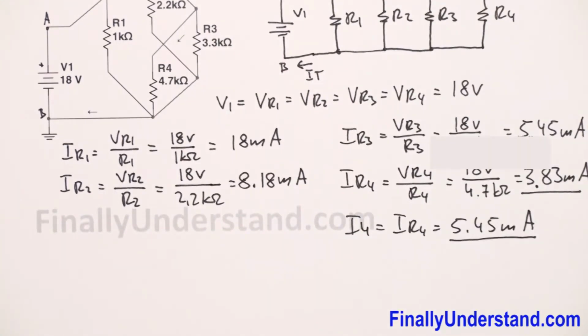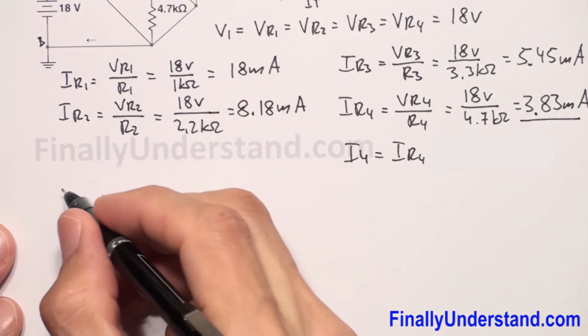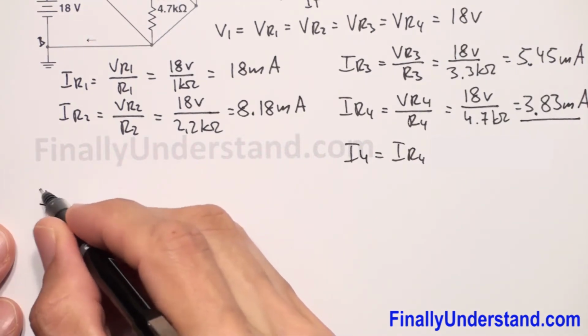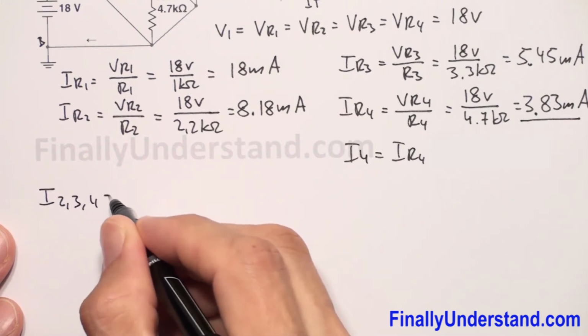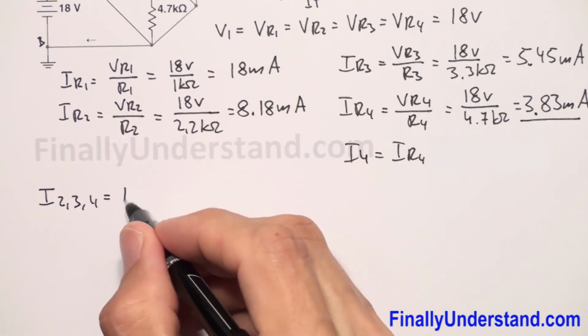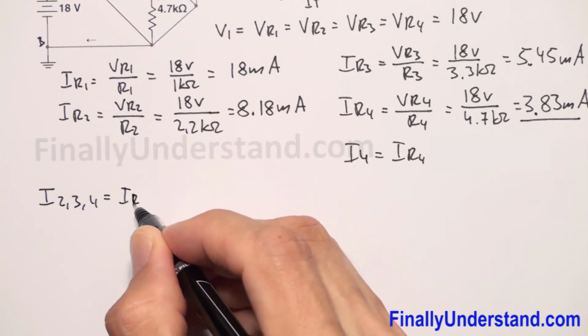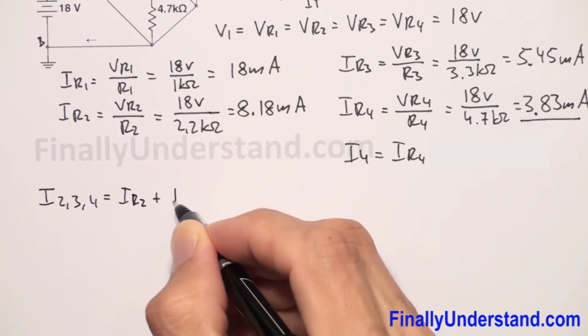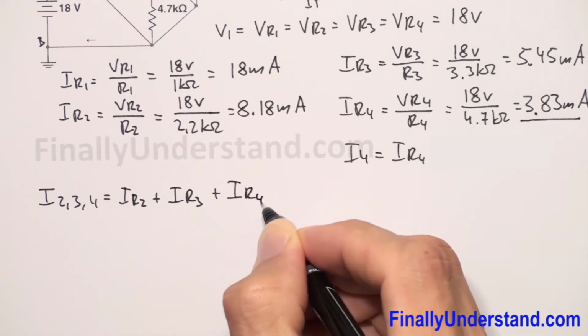Okay, so I'm going to write this like this. I2, 3, 4 is equal to IR2 plus IR3 plus IR4.